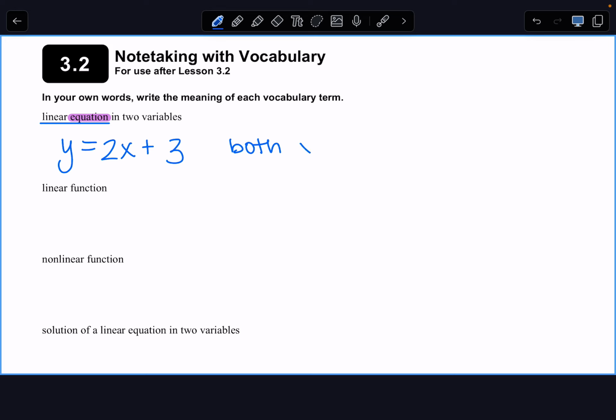Both x and y have exponents of 1. And they're not being multiplied or divided together. They're separated. Okay? So, x and y both have exponents of 1.